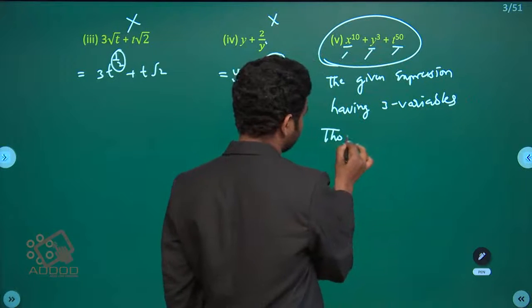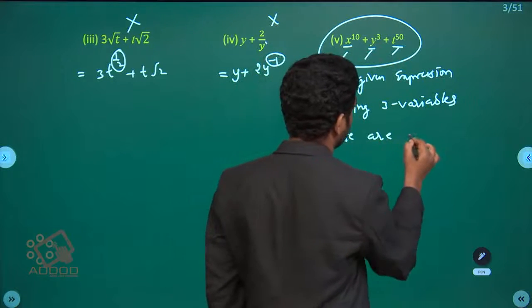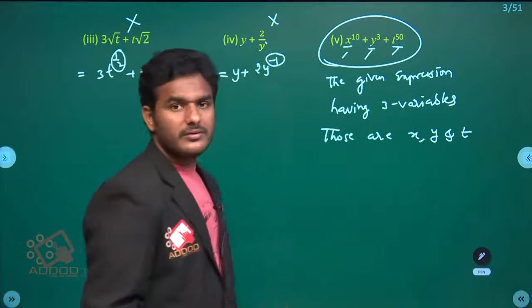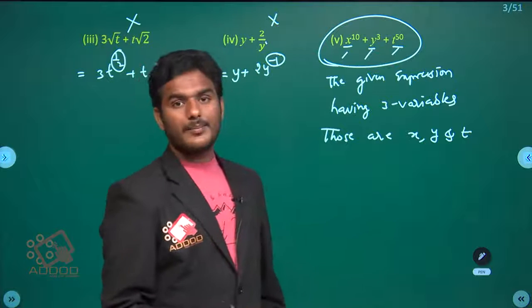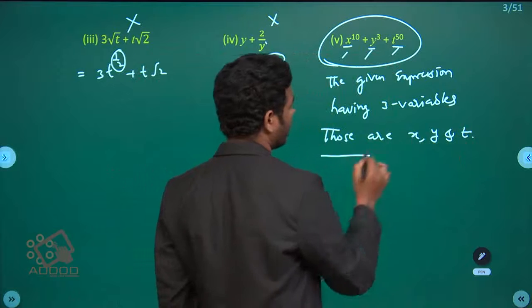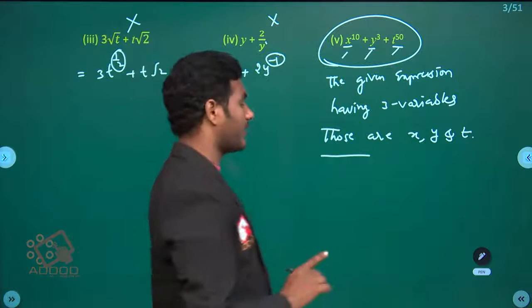Those are x, y and t. So therefore this is not a polynomial with one variable, you can write finally.